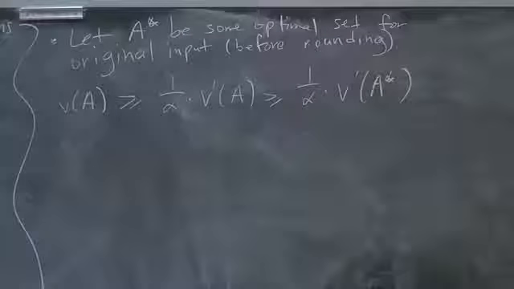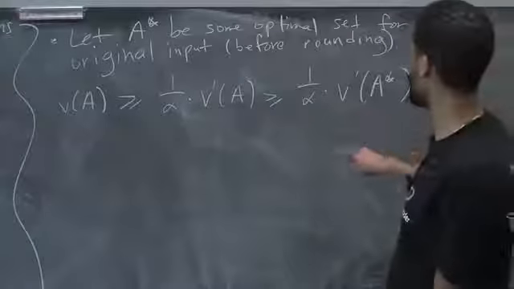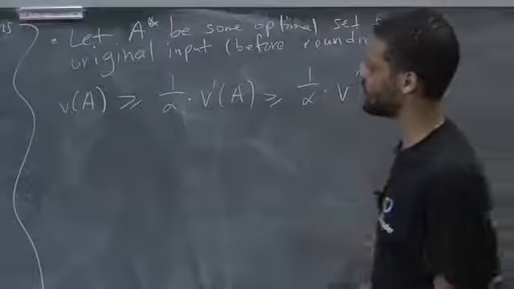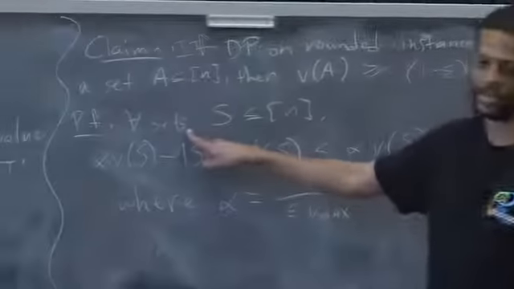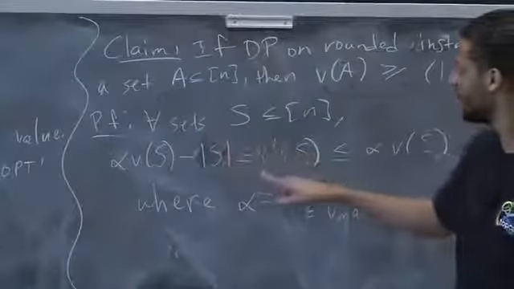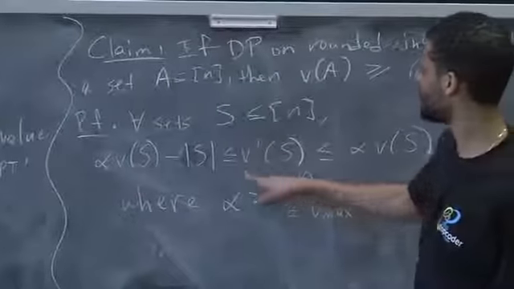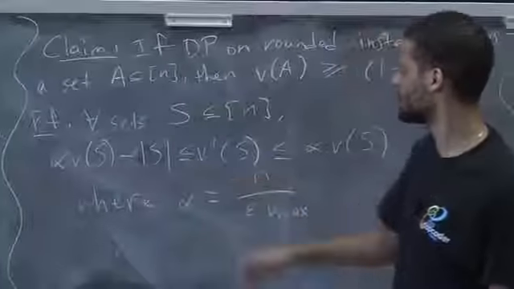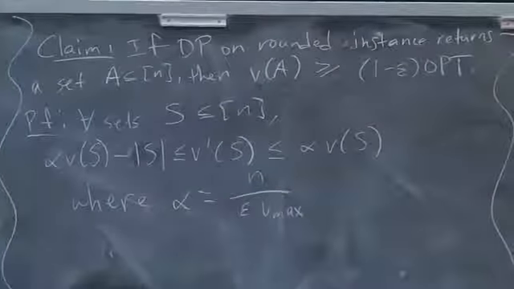Now I want to go back toward opt for the original problem. V prime of A star, this is true for all sets, so in particular, it's true for A star. V prime of A star is at least alpha V of A star, which is opt, minus the size of A star.